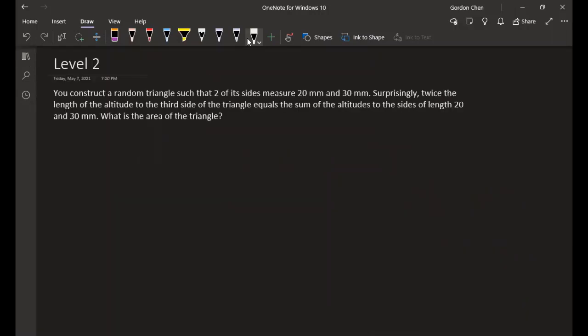Okay, next problem. So you construct a random triangle with two side lengths that are equal to 20 and 30. So this is 20 and this is 30.